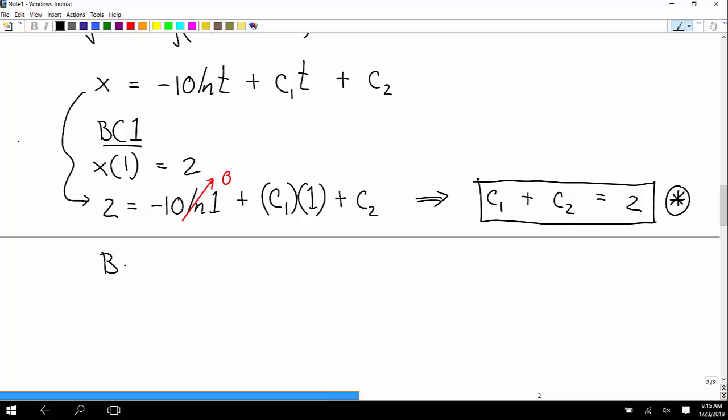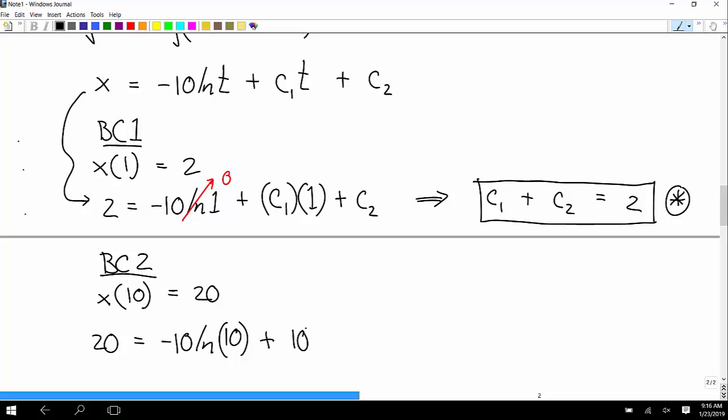And then boundary condition 2 says x at t equals 10 is equal to 20. So again, go back to this equation, this solution for x, where we just don't know the constants yet. And you get 20 is equal to negative 10 times the natural log of 10 plus 10c1 plus c2.